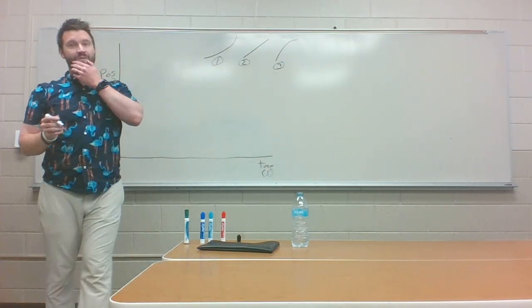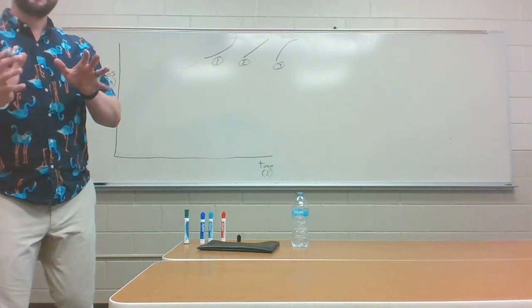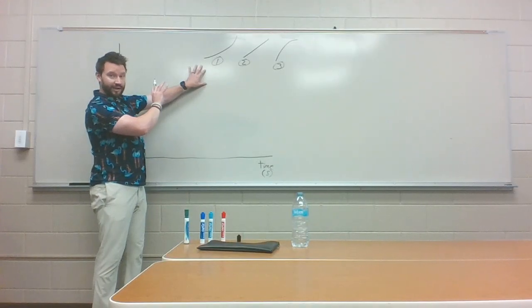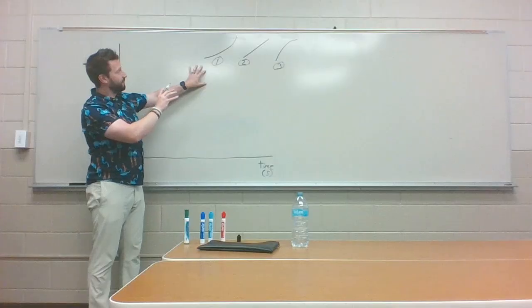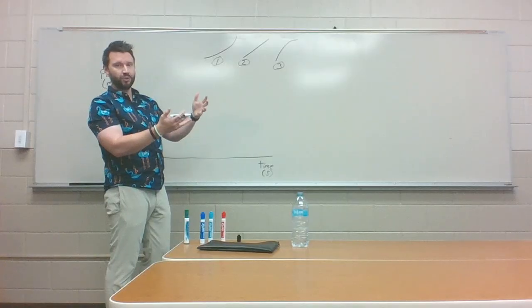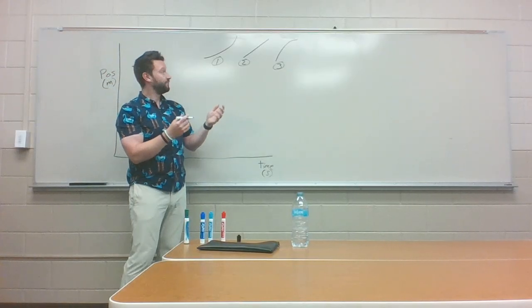Now, for each of these, as you look at them, you are examining these going from your left to right, following these lines. And we're going to ask a few questions about each of these and describe what they do in a few different terms.